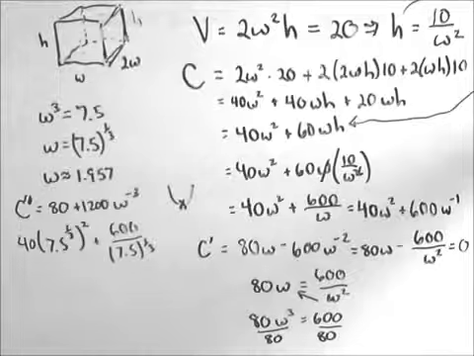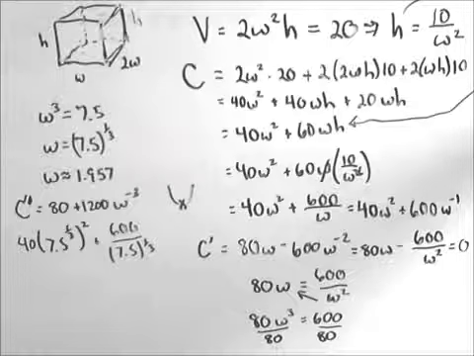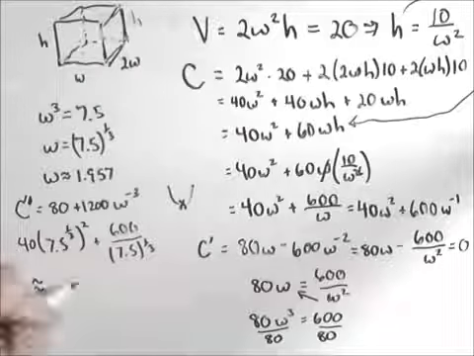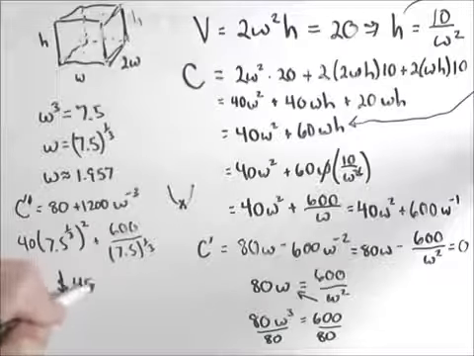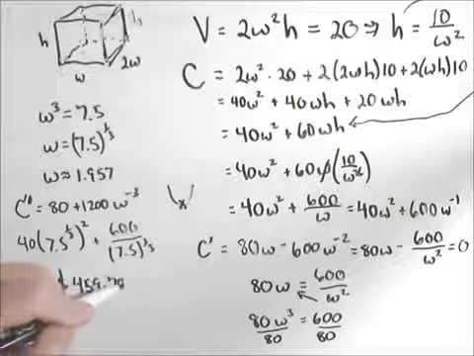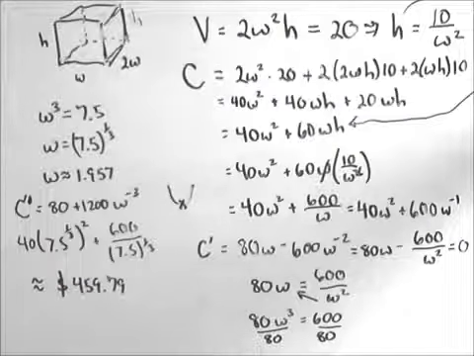So putting that all into our calculator, let's see what we're going to get. I'm going to run this while we're talking. Give me just a sec. And you guys try along, just make sure we're getting the same answer. I get, to 2 decimals, since we're talking money, $459.79 is the cost of the cheapest such container.